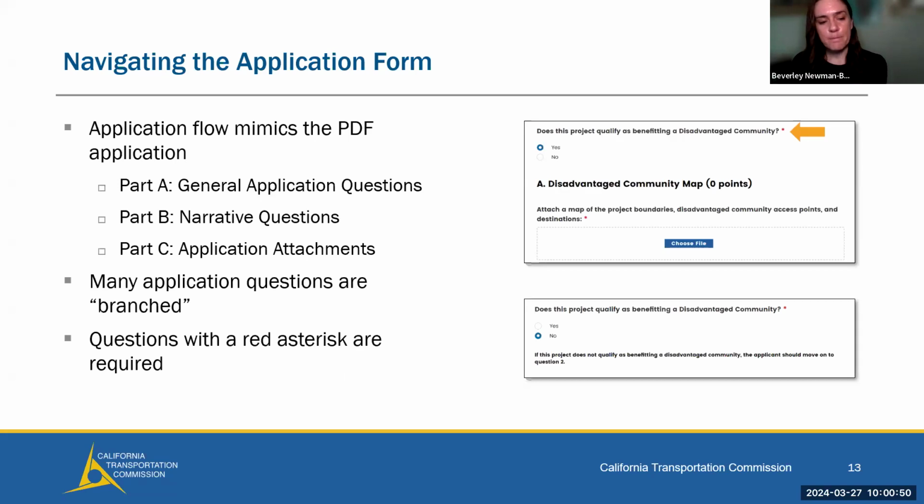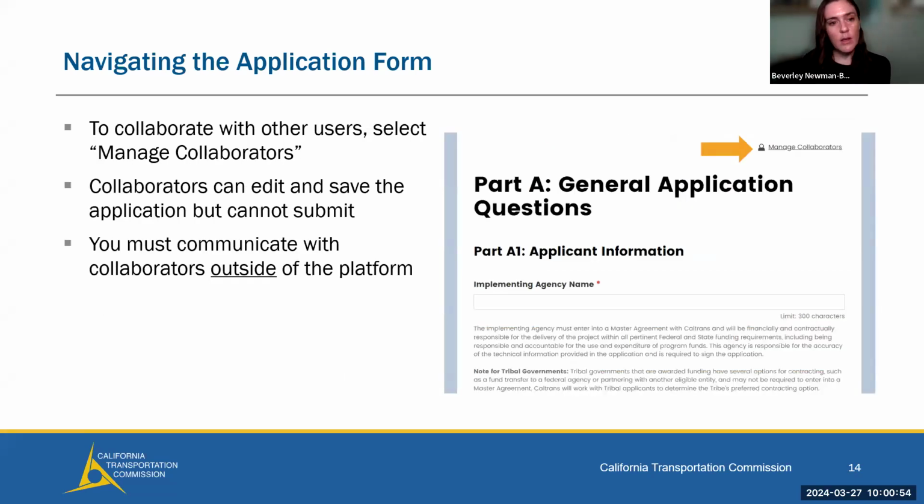Next slide, please. Okay, so I know a lot of people have asked about this. At the very top of an application, once it comes up on your screen, there is a little link that says Manage Collaborators, and it will bring you to a little screen where you can type in email addresses of people that you want to collaborate with.